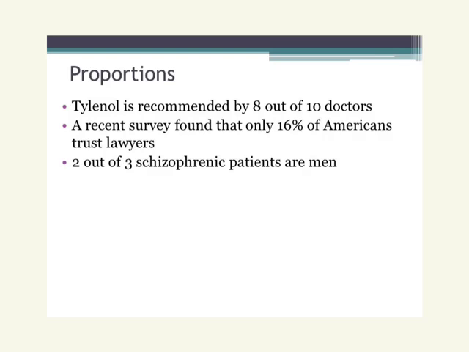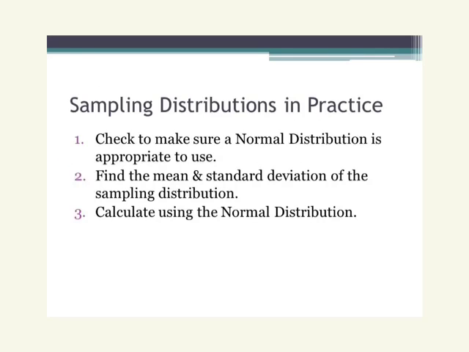All right? So let's jump into what we mean by sampling distributions in practice here. Now, when we say sampling distributions in practice, it's a very simple process. All right? Ultimately, our goal is going to be to use the normal distribution. That's a distribution we've used in a lot of different settings so far in this class, and we're going to continue to use the normal distribution in as many settings as we can over the course of this class.